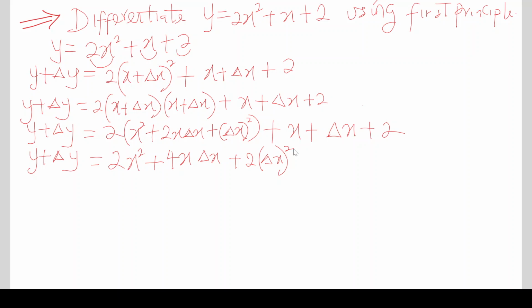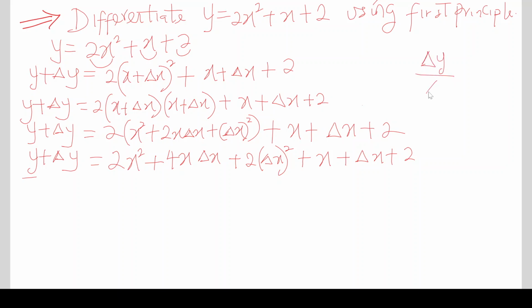Then we have plus x plus delta x, then plus 2. Do we have any like terms? No like terms presently.